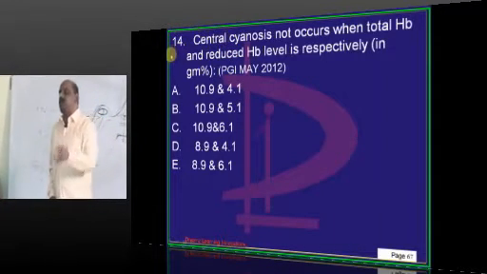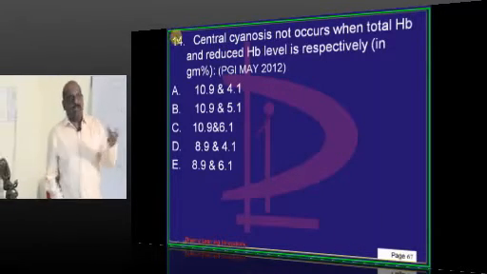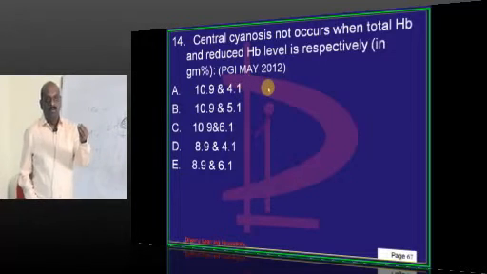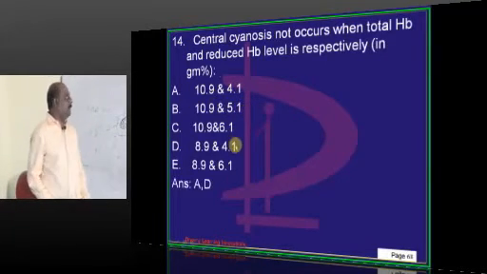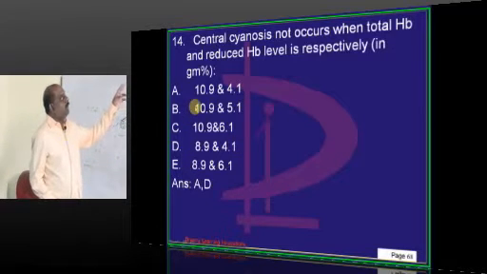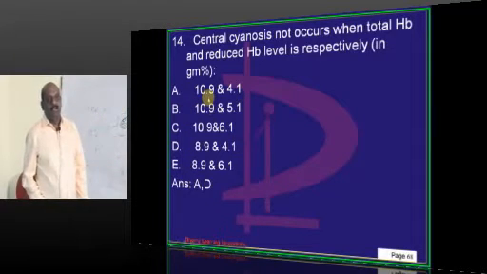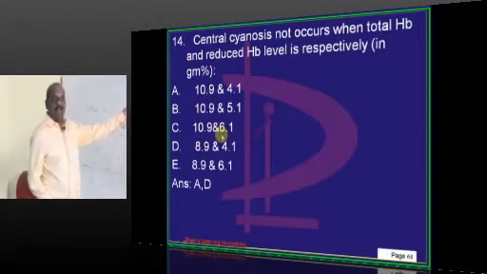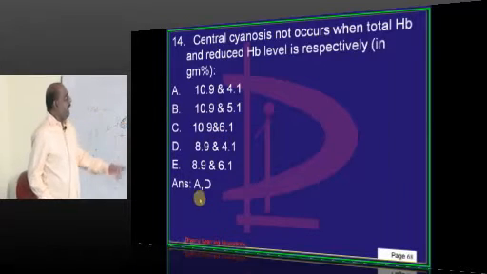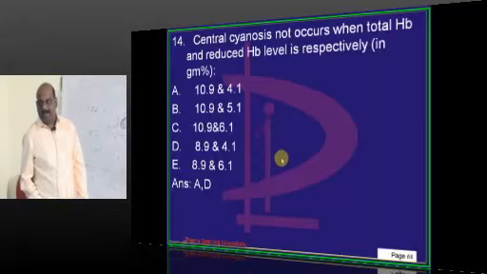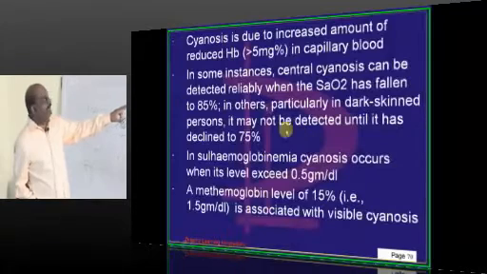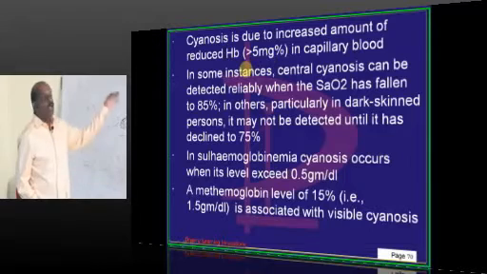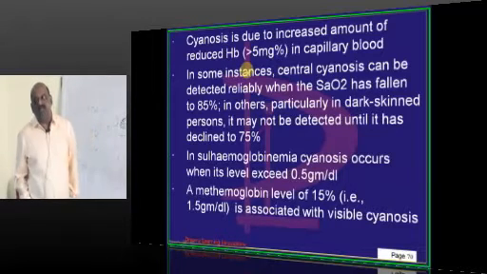For the cyanosis to appear, how much of hemoglobin which is deoxygenated must be there, or a reduced HB level should be how much? The total hemoglobin should be 10.9, it will occur if total hemoglobin, and if the reduced hemoglobin is 6.1 also it will occur. So what is the basic criteria for the central cyanosis to occur? Minimum criteria, reduced hemoglobin should be at least 5 milligram.